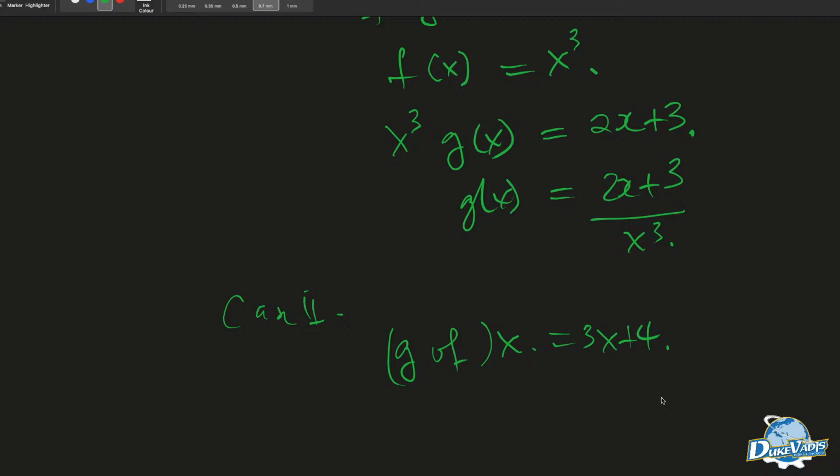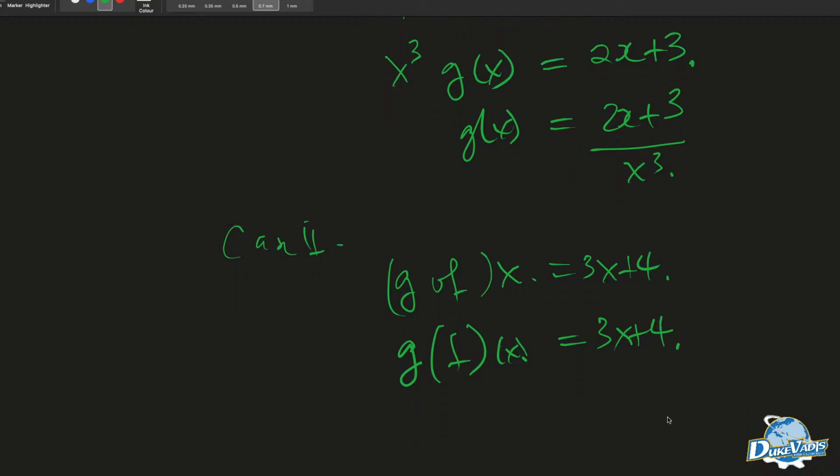Given f of x, the g is standing there and f is entering. We don't know the g of x, but we know f of x.